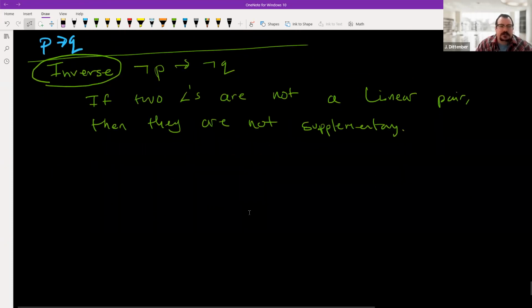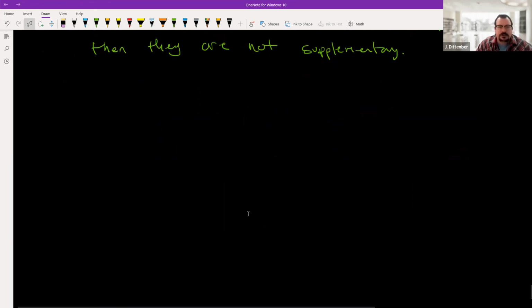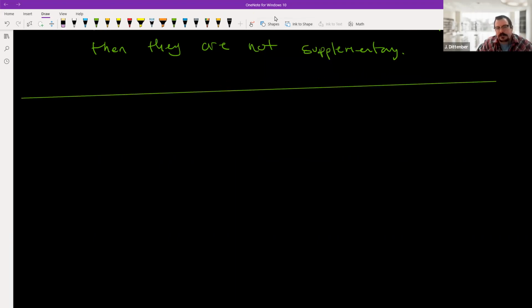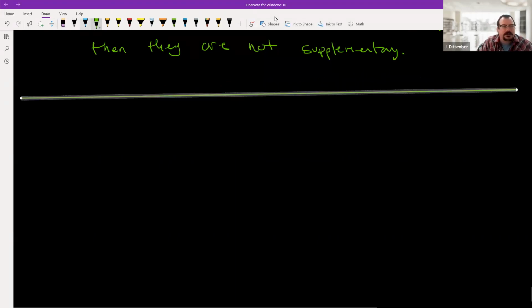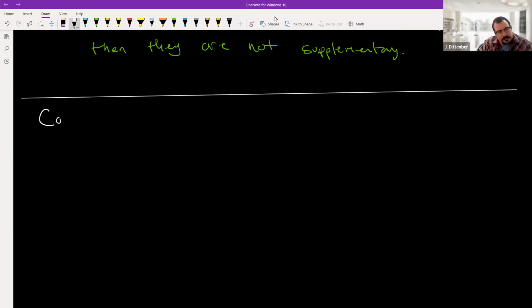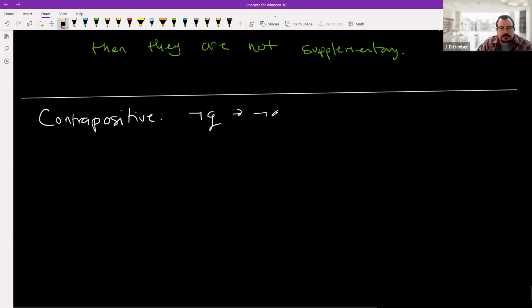Now let's go to the contrapositive, which should be the logical equivalent of the original conditional statement. So our contrapositive is going to be not Q implies not P. Since this is logically equivalent to the first conditional statement, it should be true.